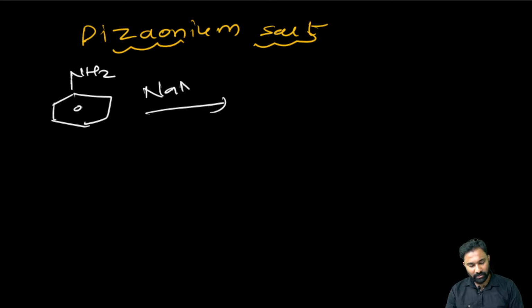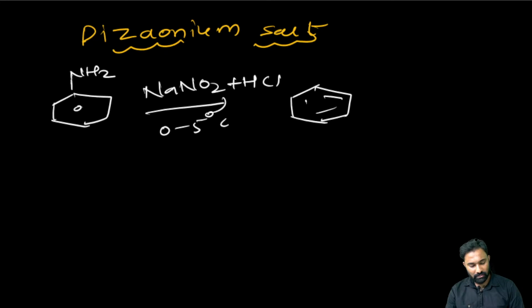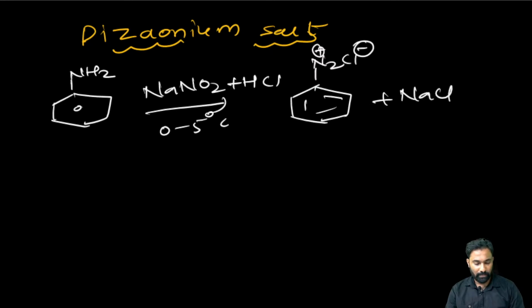Just remember how to prepare the diazonium: NaNO2 in the presence of HCl at 0 to 5 degrees Celsius. It will quickly become diazonium chloride, along with NaCl and 2 moles of H2O.